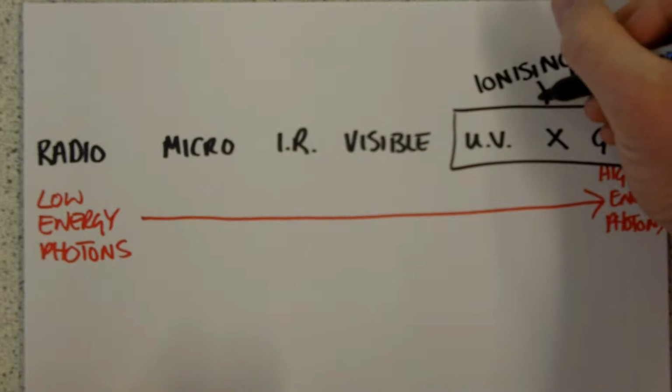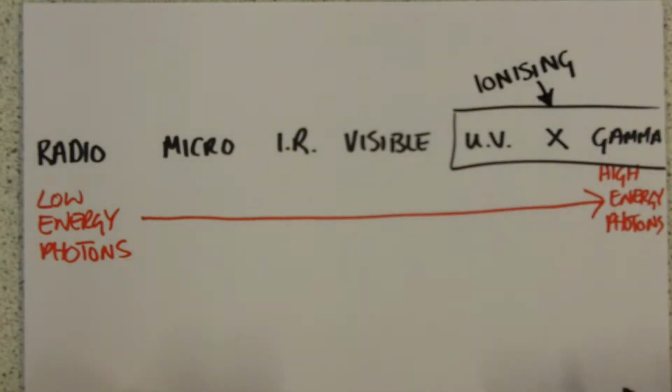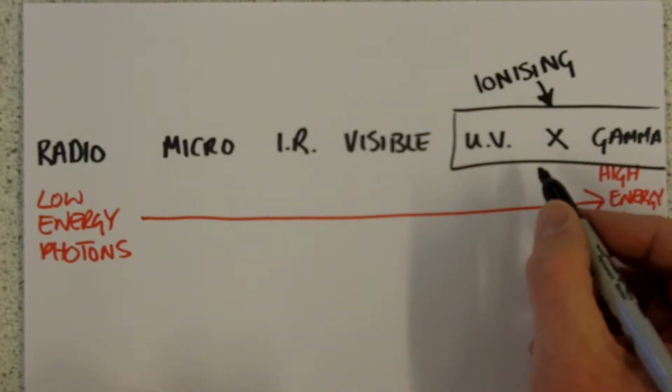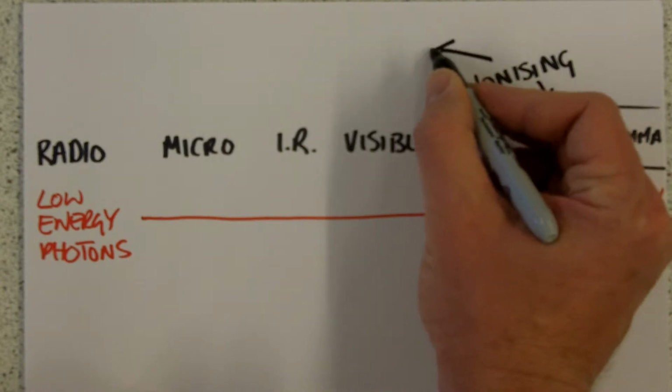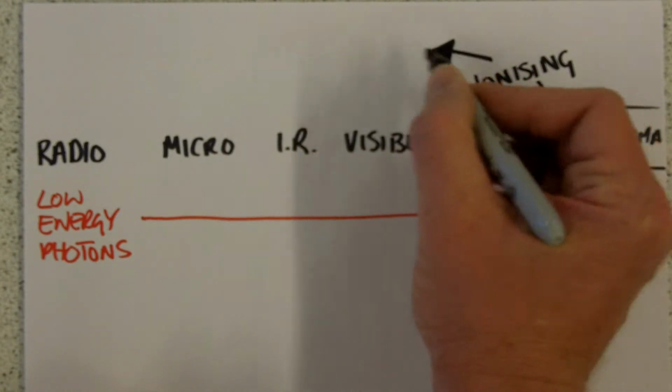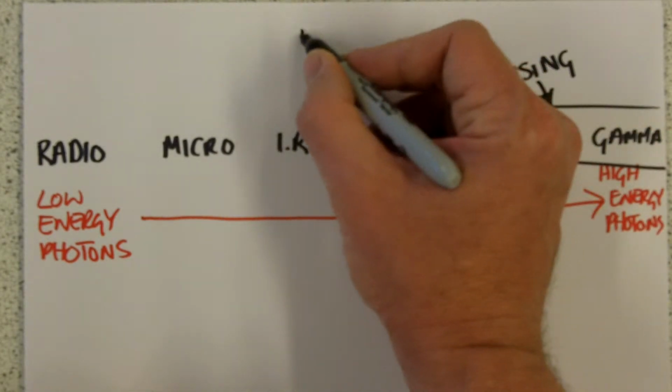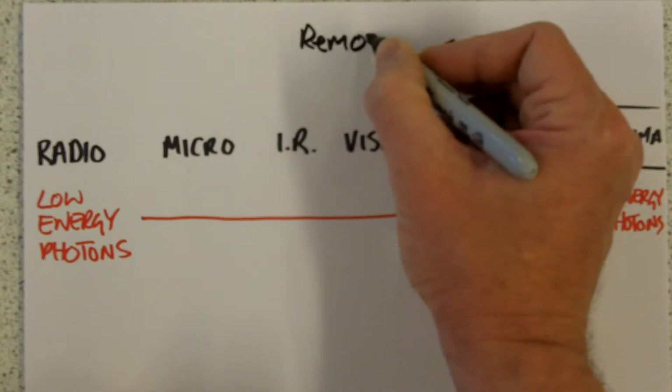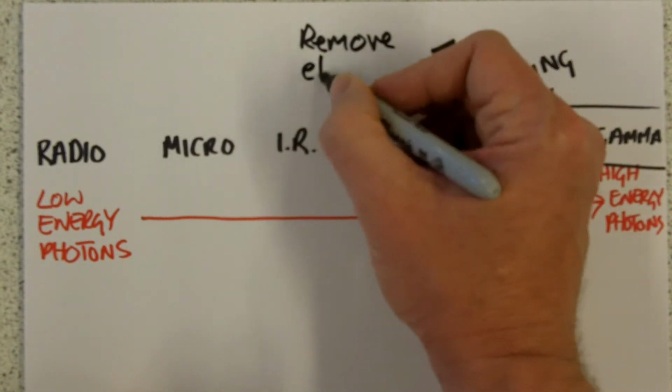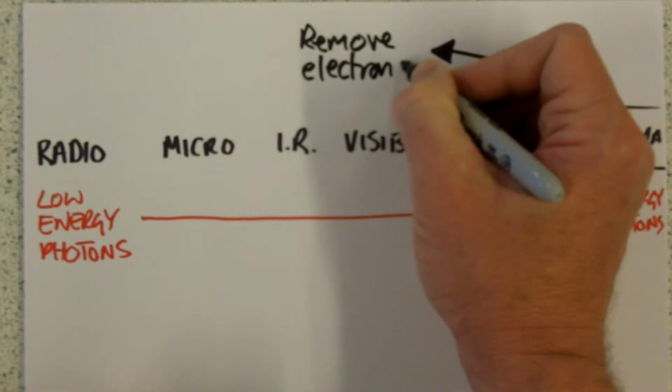Ionizing means that these radiations are capable of removing electrons from atoms or molecules. They have enough energy in their photons to remove electrons from an atom.